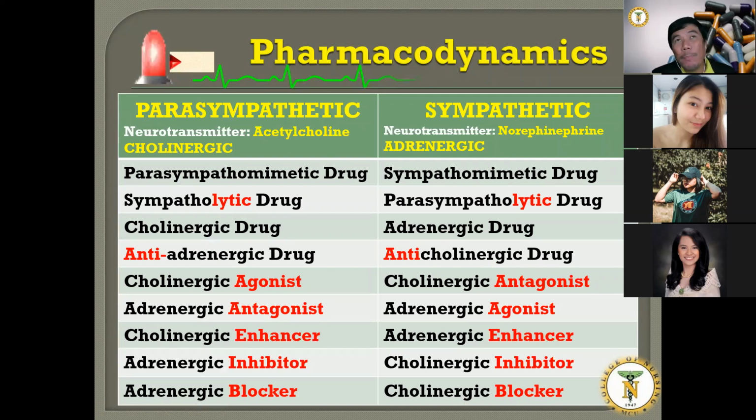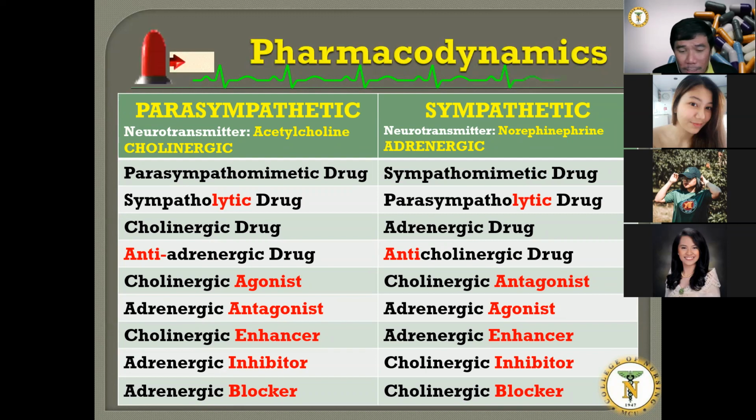Aside from the drugs we studied in the common suffixes, in some drug handbooks these are the classifications of drugs that they indicate. Somehow you may be confused: Sir, you mentioned the common suffixes and those are the classification of drugs, but why do we encounter different classifications? So this is what I am telling you.